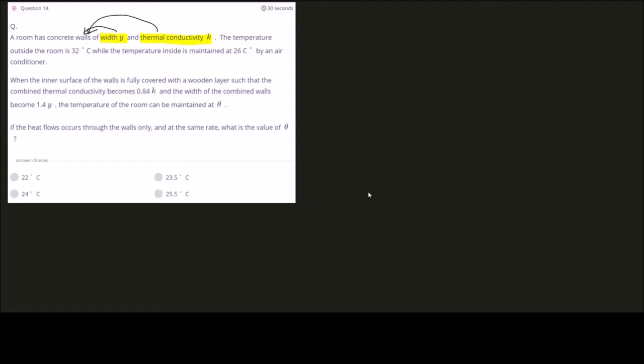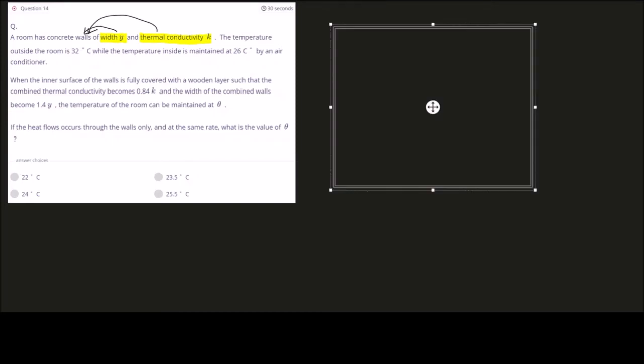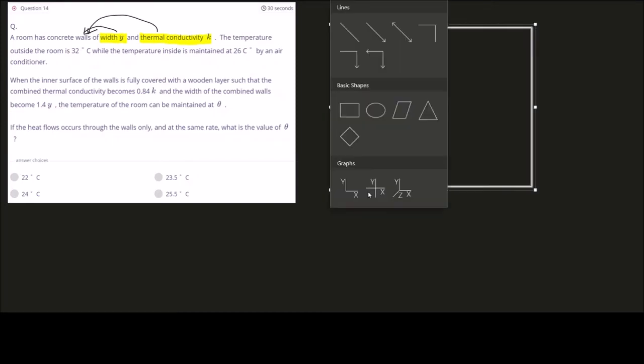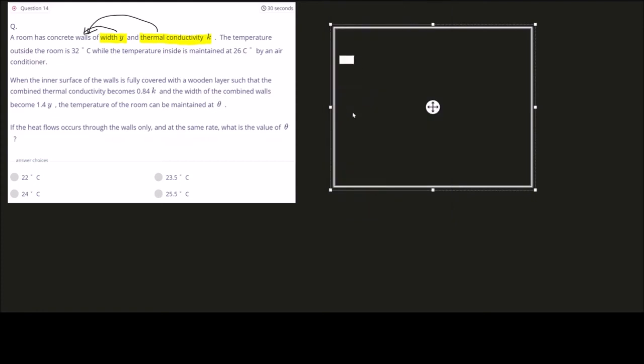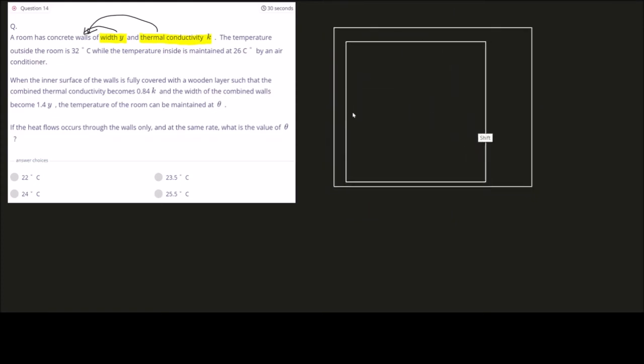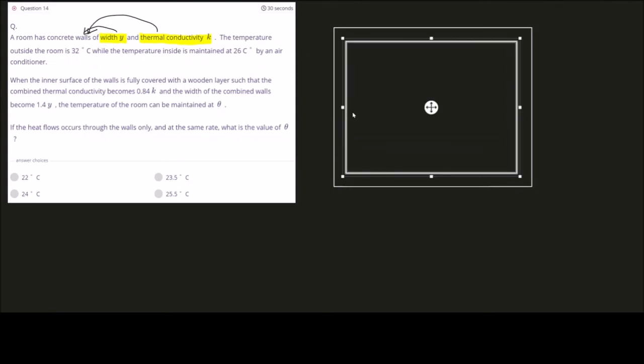To represent the situation better, let me draw it. You have a room, and the room is made out of 6 walls forming a room. They also tell you that this room has a specific width, something like this.